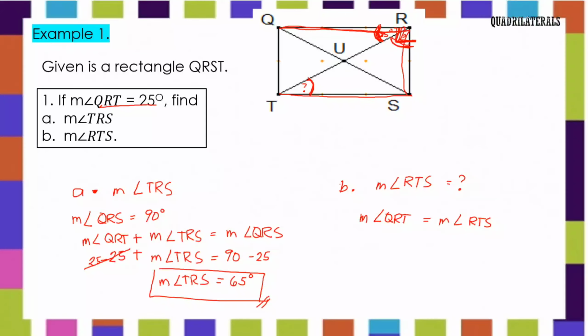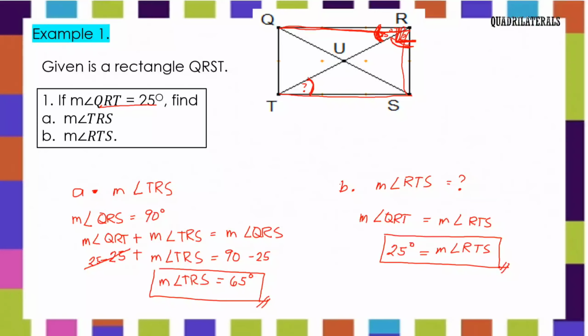So, kung isa-substitute natin that the measure of angle QRT is 25 degrees, so the measure of angle RTS is also equal to 25 degrees. Since angle RTS is congruent to angle QRT. Okay? By alternate interior angles that are congruent.